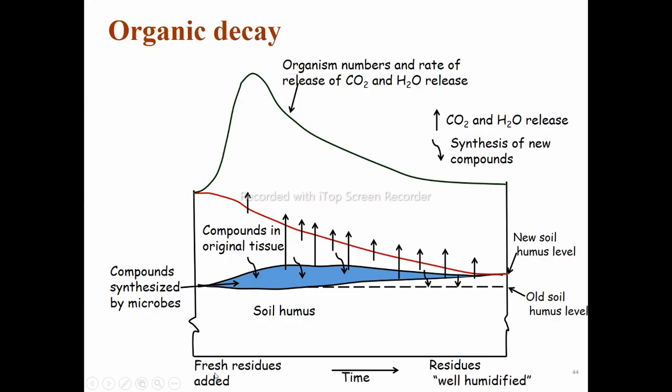When you add the fresh residues to the soil, the easily degradable compounds start to degrade, the microorganisms start to proliferate, and they may increase suddenly. So that may be exhibited through the organisms' number and the rate of release of carbon dioxide and the water. Right?